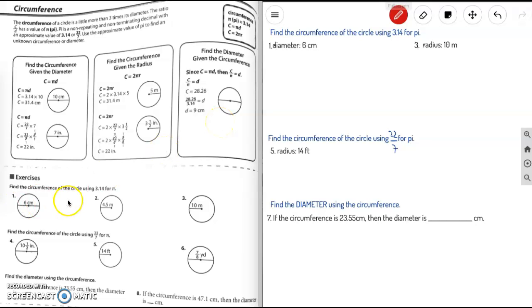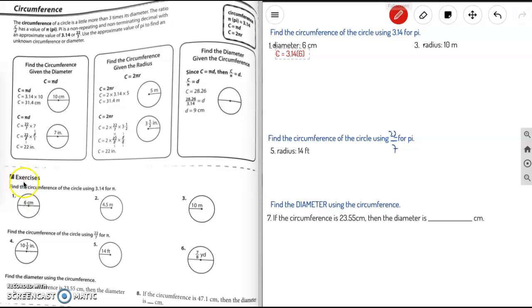All of this is written in our workbook page, so let's go ahead and practice this. Number 1, find the circumference of the circle using 3.14 for pi. Cool. So let's look at the correct formula. So number 1, we're given the diameter, correct? So we're going to look at C equals pi times D. Okay. Now, what is D? 6.